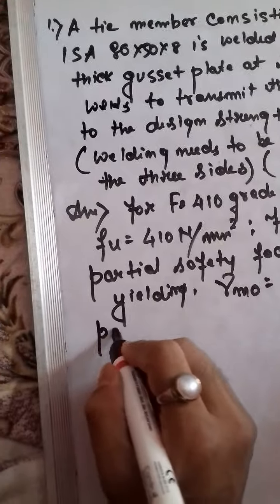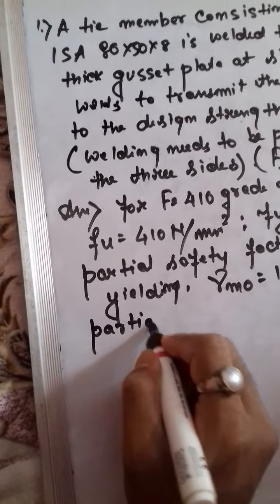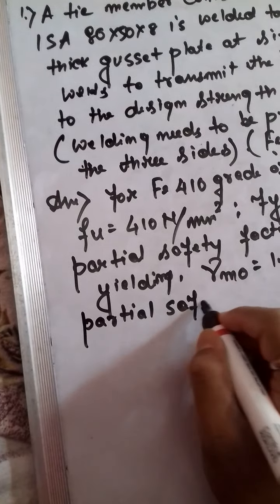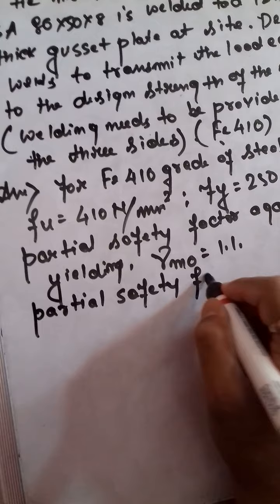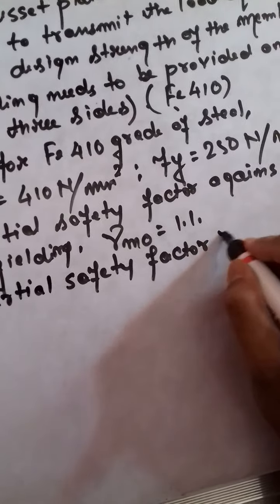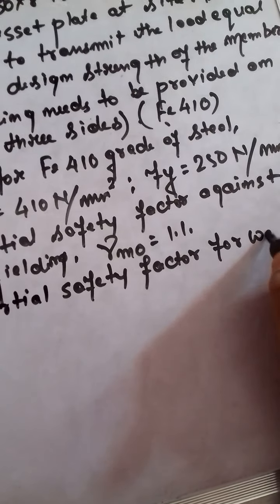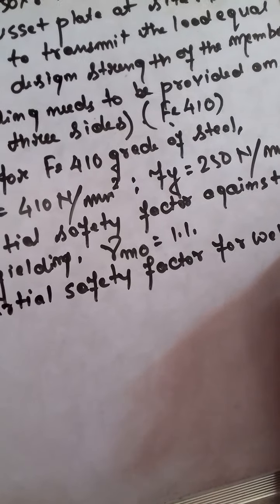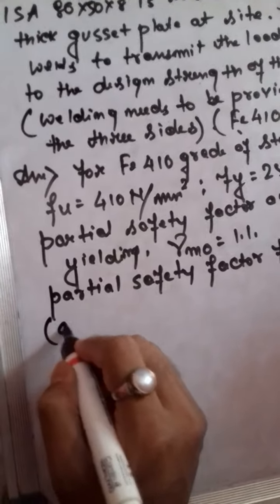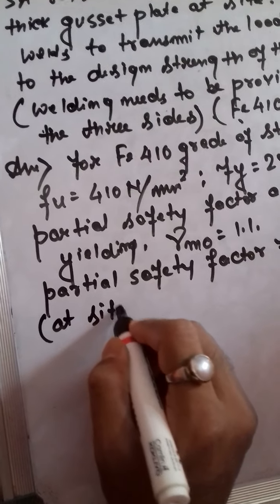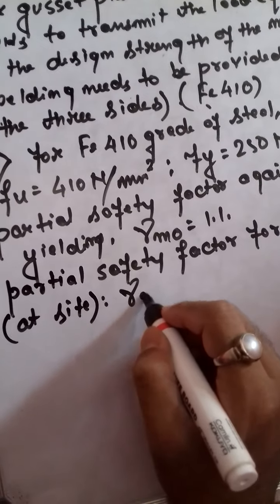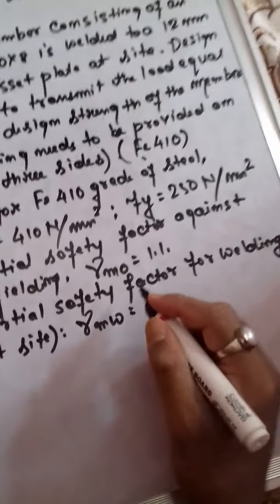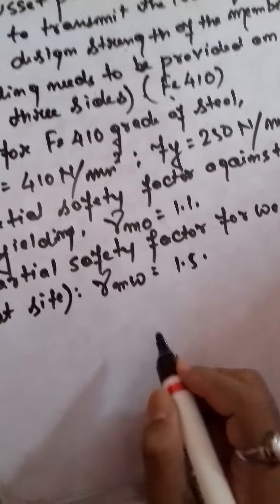Once again, partial safety factor for welding, because it is given in the problem, it is welding at site, that is gamma mw equal to 1.5.